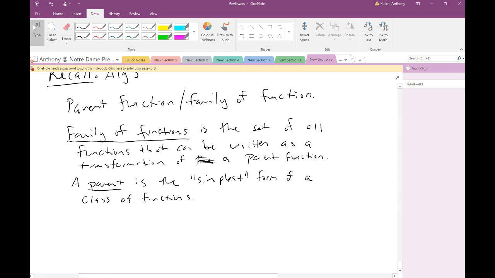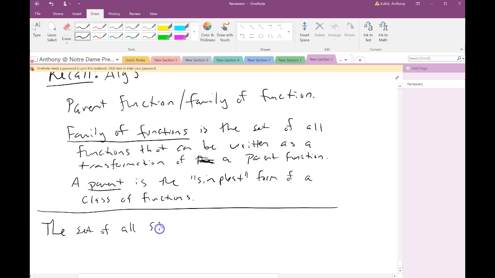So you might say, why the heck does this matter? Why are we talking about this? The set of all sine functions forms a family of functions where y equals sine theta is the parent function.